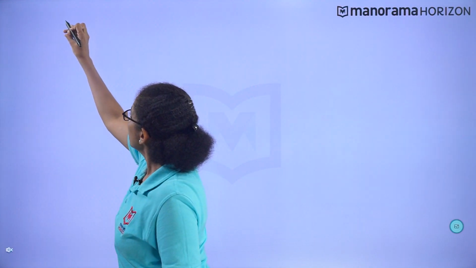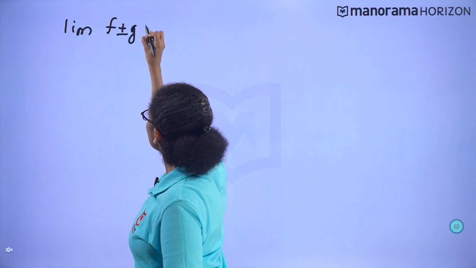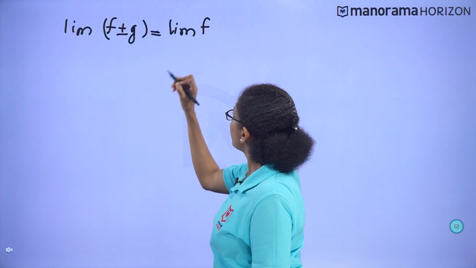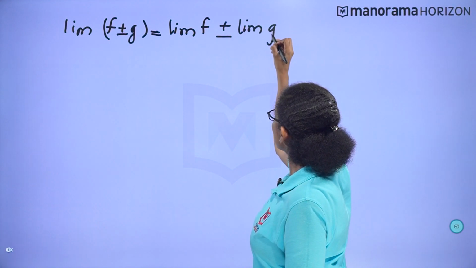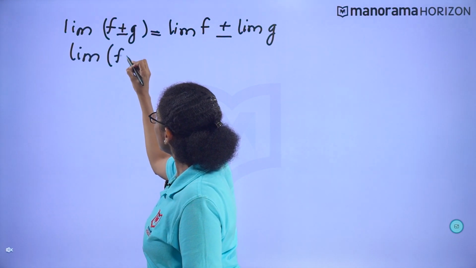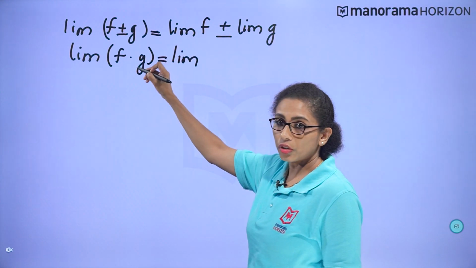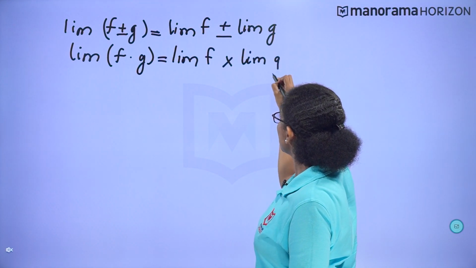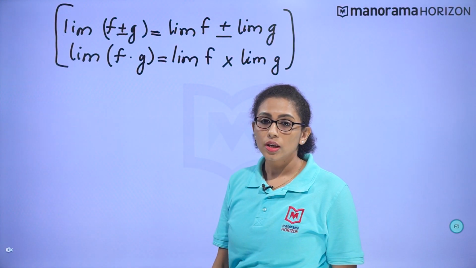Now we have to apply the algebra of derivative rule. That is, limit of f plus or minus g can be written as limit of f plus or minus limit of g. Also, limit of f into g can be written as limit of the first function, that is f, into limit of g. So we have to use this derivative rule. Okay, so what do we get?